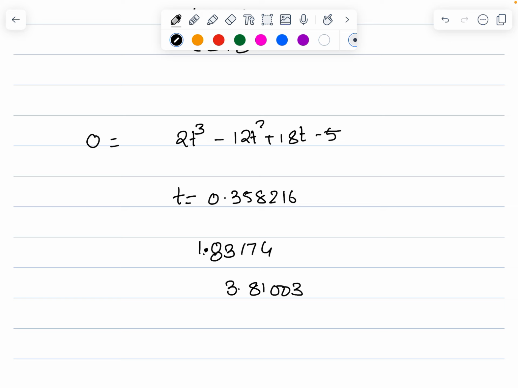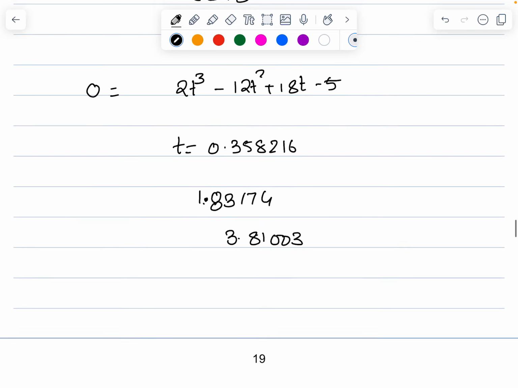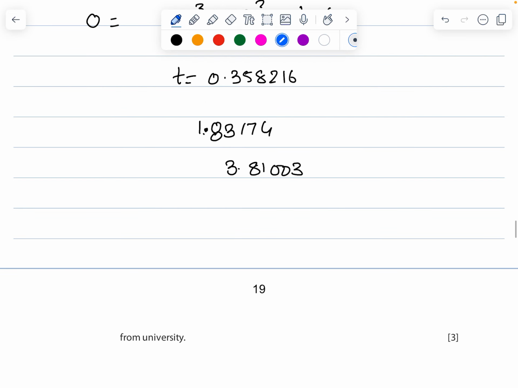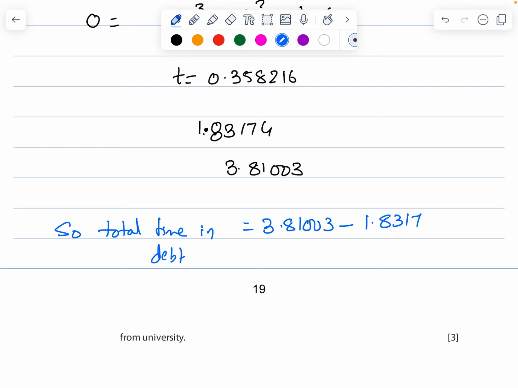So the total time in debt will be calculated this way, because s is equal to 0 at these 3 different timings. So total time in debt will be 3.81003 minus 1.83174.